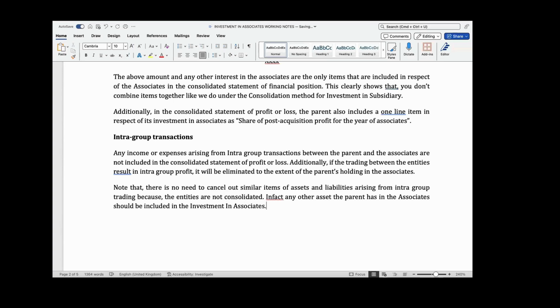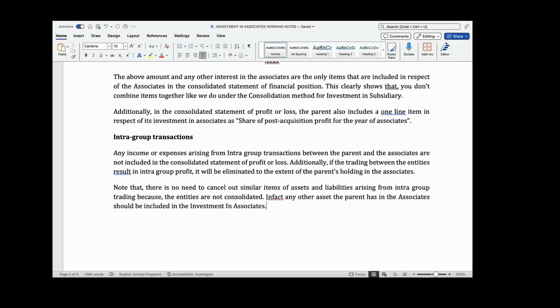So what I'm saying is this: remember that we said we usually cancel out, maybe there are receivables and payables under investment in subsidiary, similar items. We usually cancel them out. Here it's not necessary, because you are not consolidating. So the issue of canceling out similar assets and liabilities does not arise here.